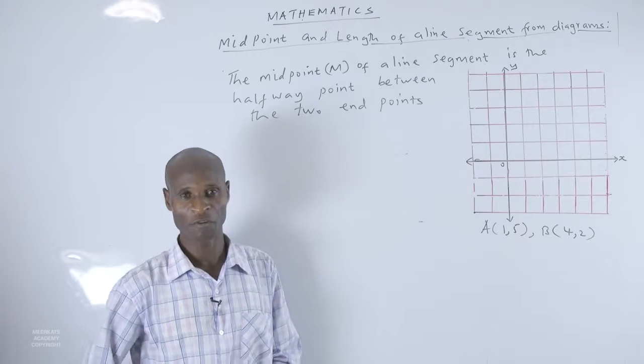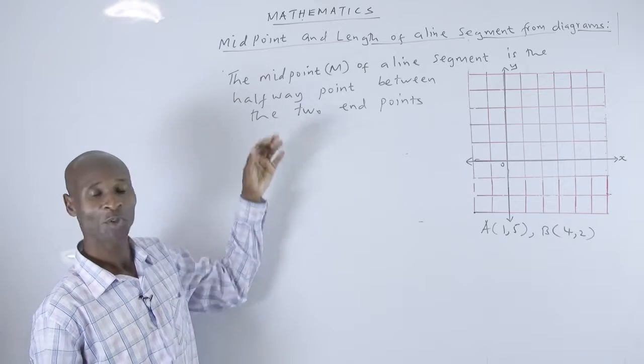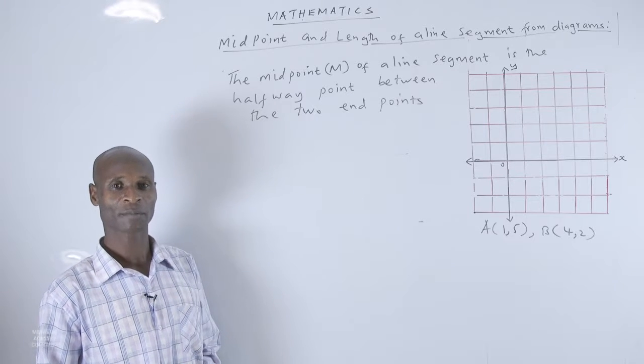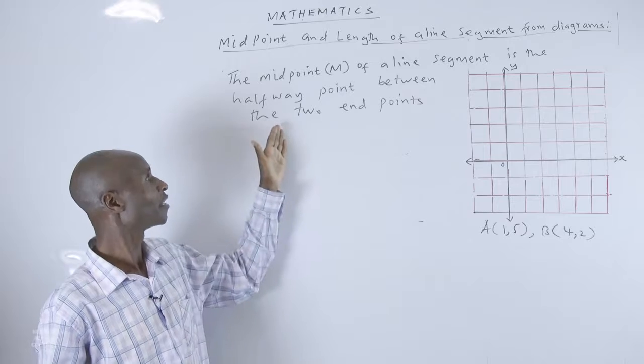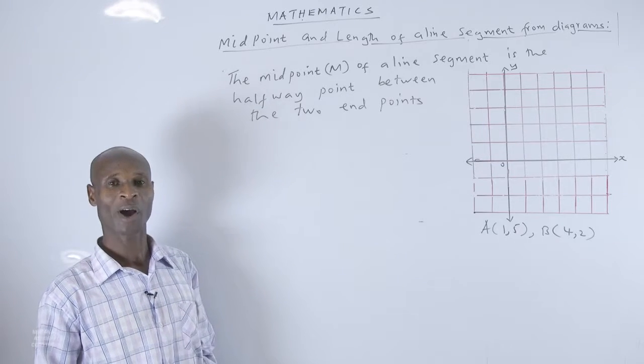So first of all, before we establish the method we can use to calculate the midpoint and the length of a line segment, it will be important for us to understand the meaning of the word midpoint.